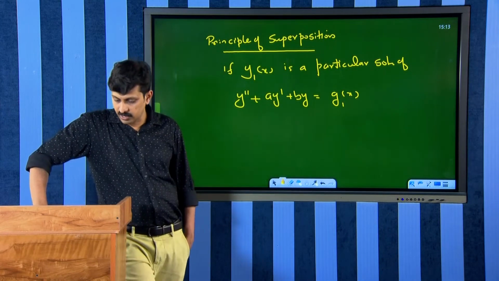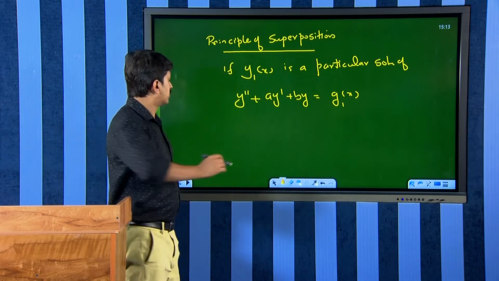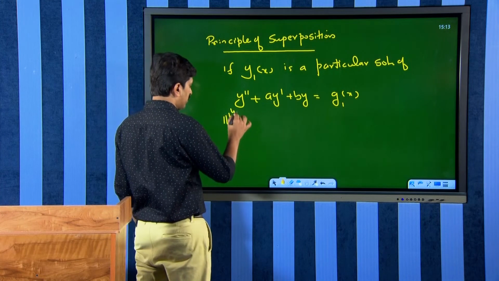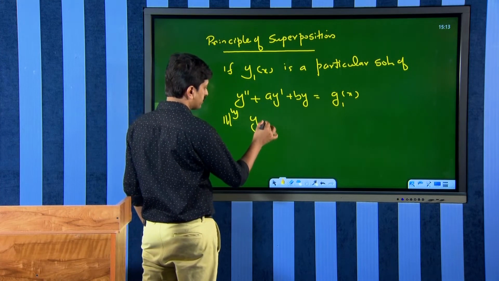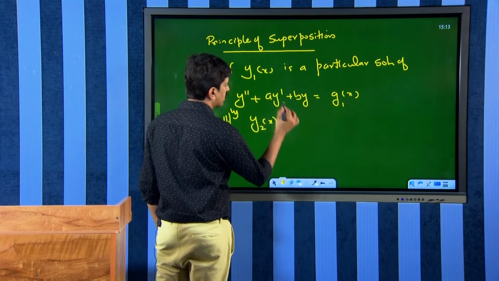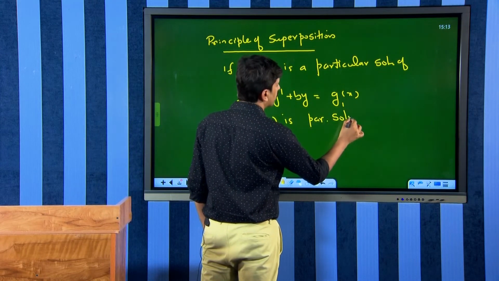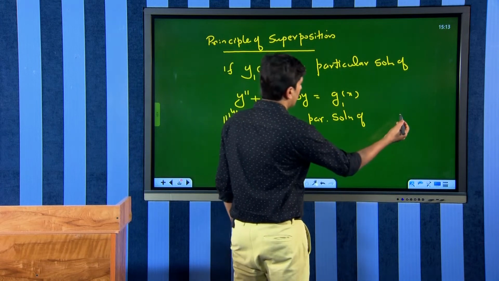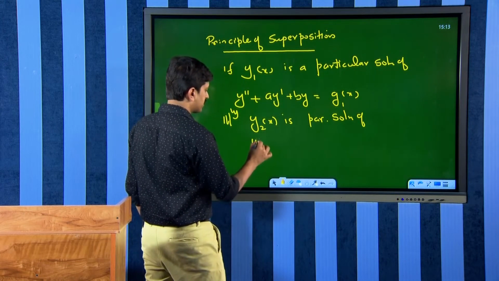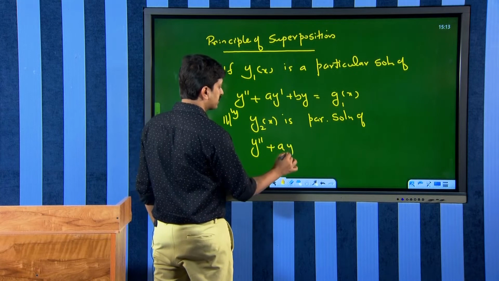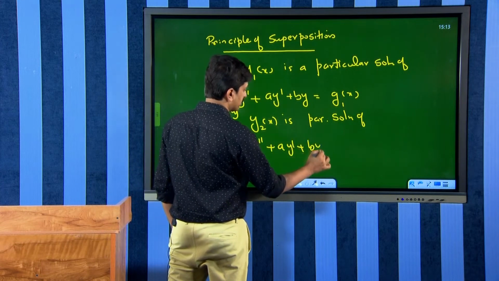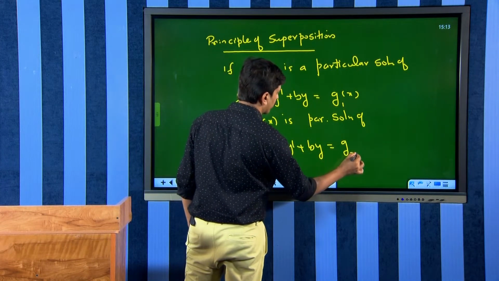And similarly, y2 of x is a particular solution of y double dash plus a y dash plus b y is equal to some g2 of x.